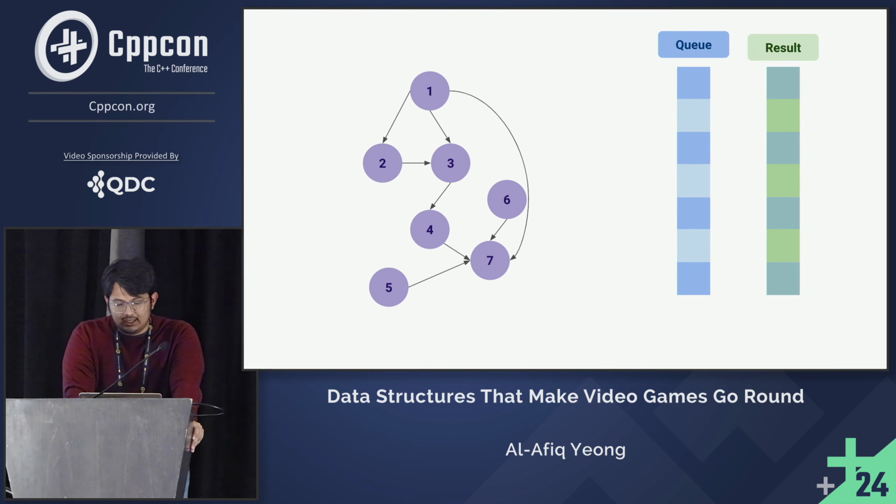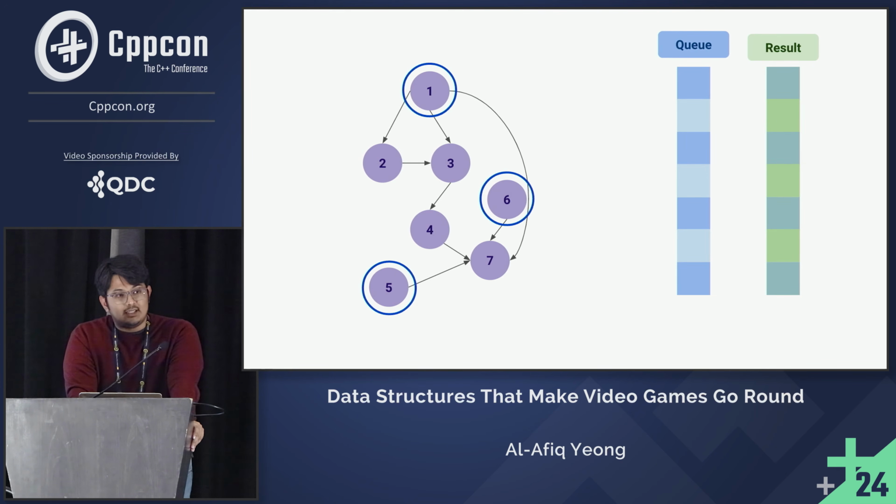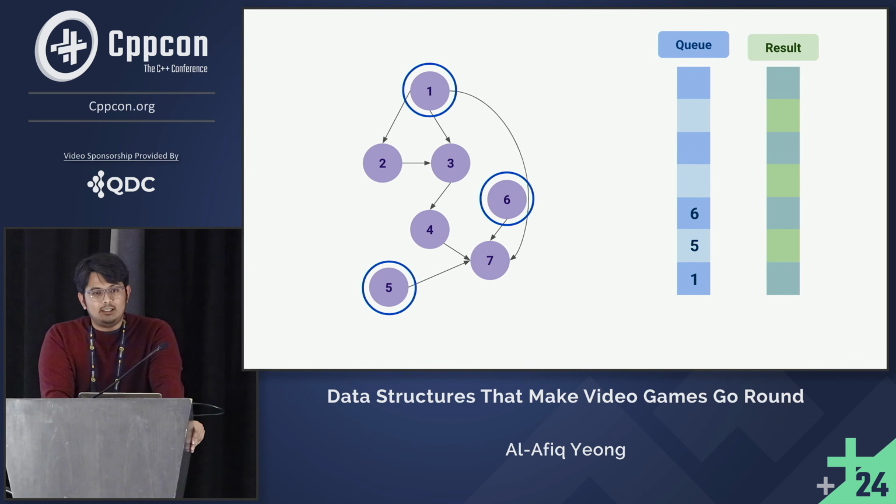In this case, it is 1, 6, and 5. Since they do not have any incoming edges, we add them into the queue: 1, 5, and 6. Now that the queue is not empty, we do a while loop based on the condition that the queue is not empty. Then we pop the first element in the queue, which is 1, and add it into the result buffer.